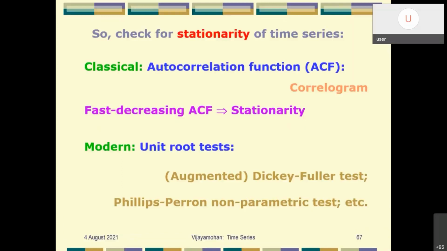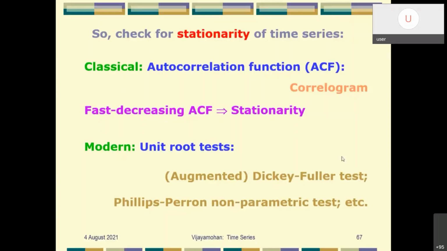The classical approach of evaluating stationarity is, as I told you earlier, in terms of the autocorrelation function, that is ACF, the correlogram. If we have a fast decaying ACF, that's an indication of stationarity. The modern procedure is to go for unit root tests.